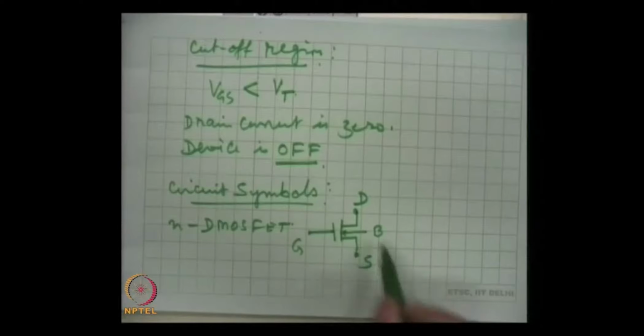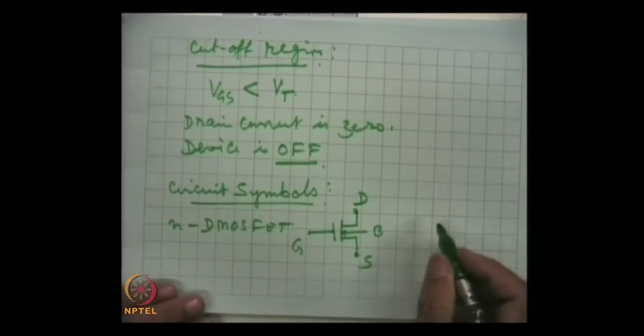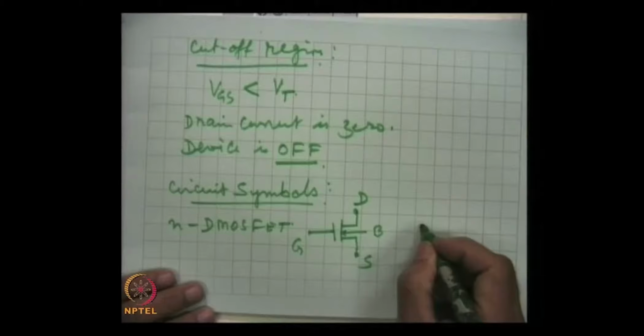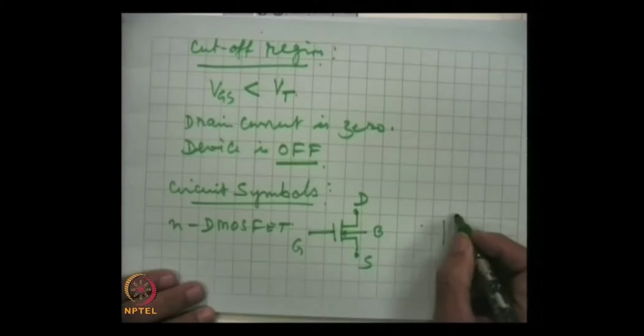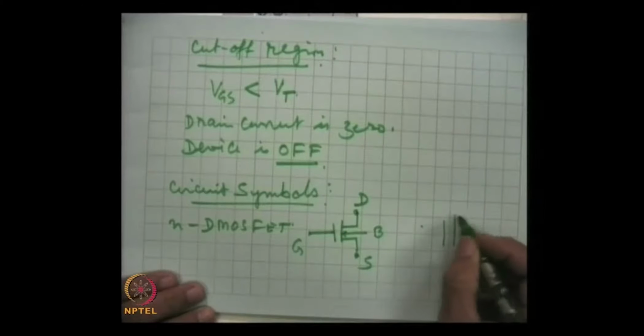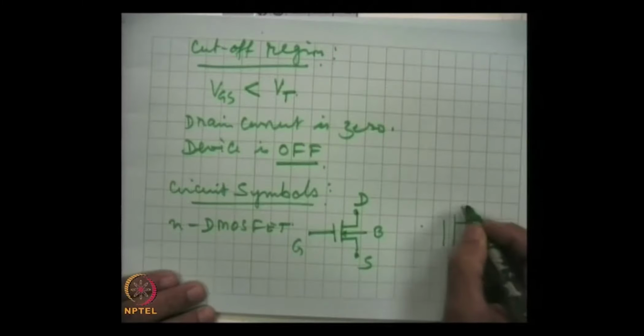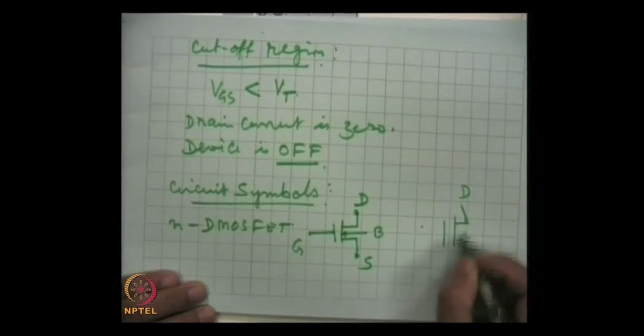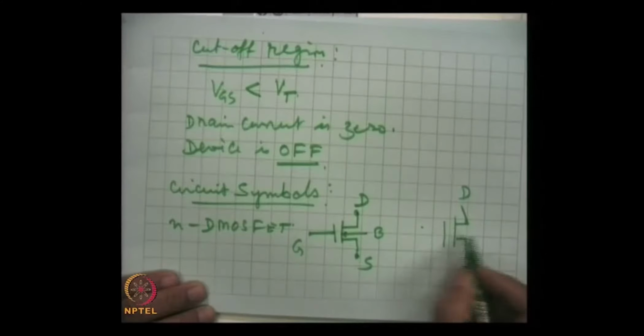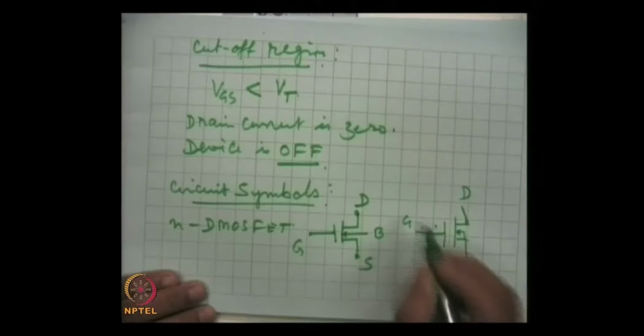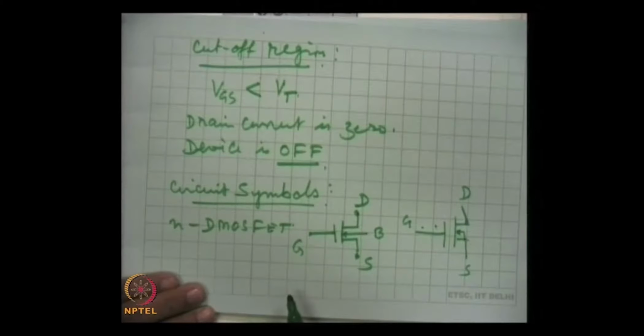So, normally with 3 electrodes the device is kept, and that is here this is drain, this is source, and it is implied that it is shorted, and this is gate.